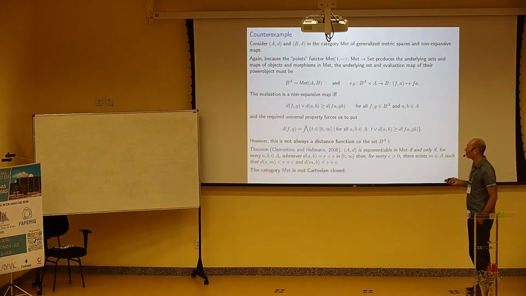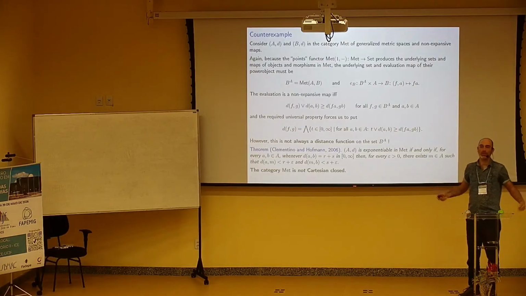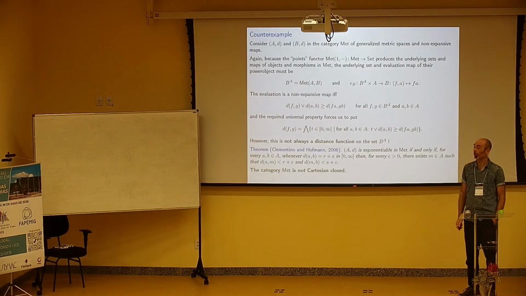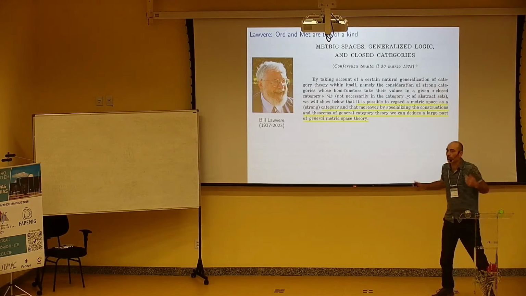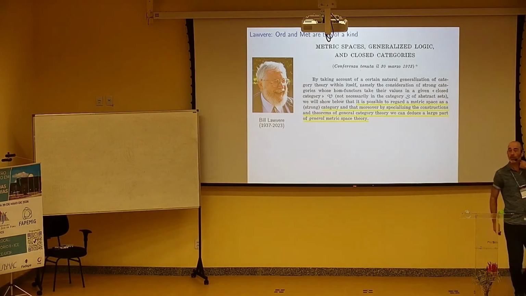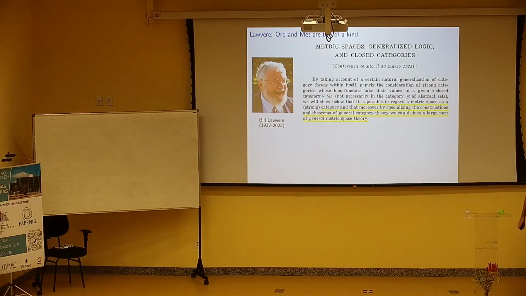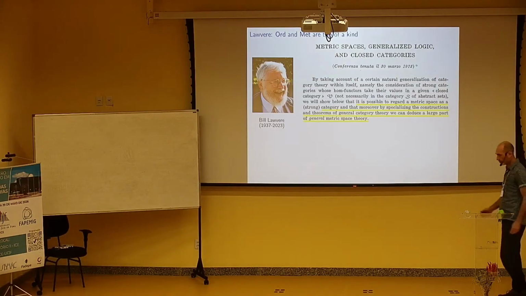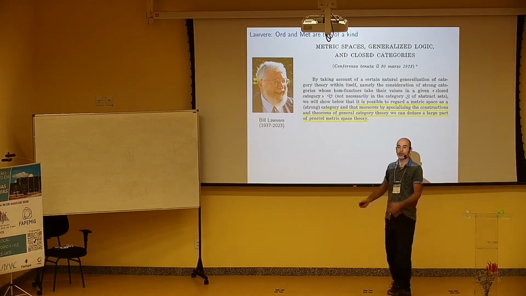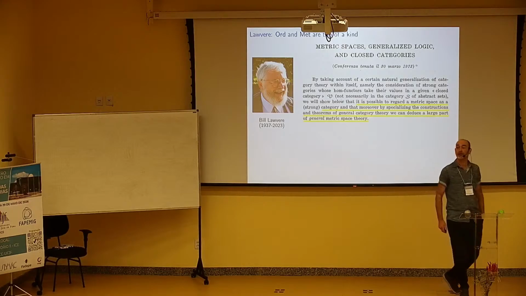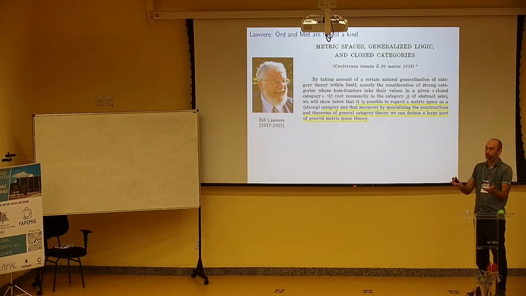And because you surely know counterexamples, we've just seen that metric spaces is not Cartesian closed, right? So an example, a counterexample, but Lawvere famously said that both ordered sets and metric spaces are two of a kind. From a certain categorical perspective that I will explain, which was Lawvere's big insight in '72, ordered sets and metric spaces are an instance of the same general construction.